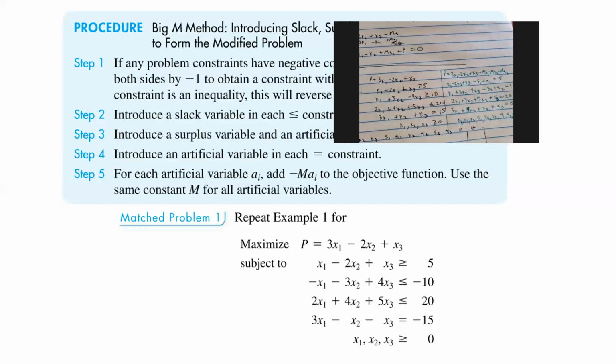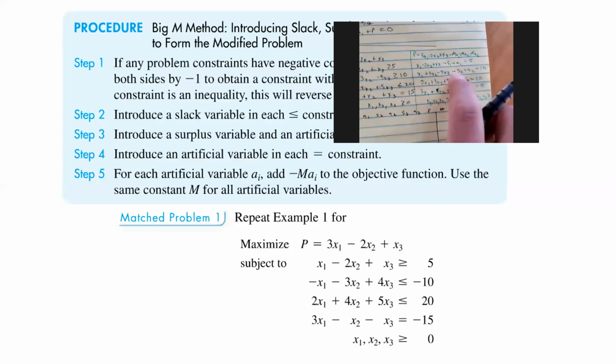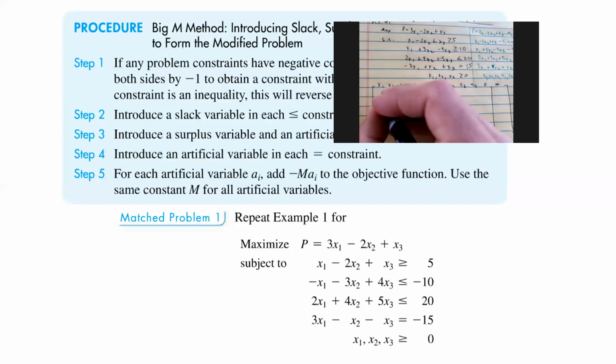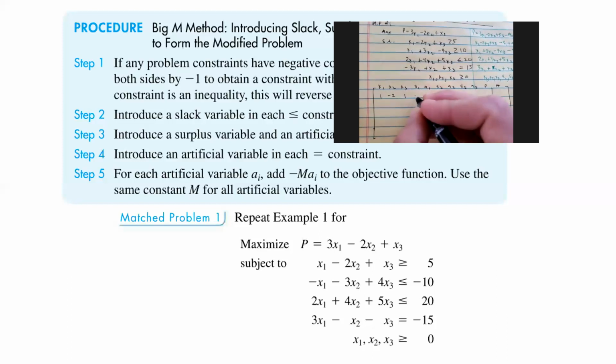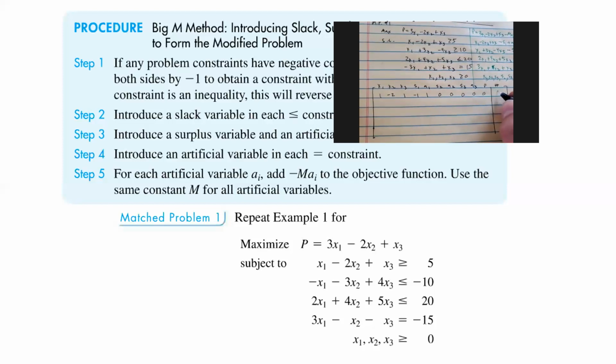And now we'll just go in and plug those equations that we have up here in the green into here, all right? So we should have 1, negative 2, 1, negative 1, 1, 0, 0, 0, 0, 0, and 5. Should be what we have.